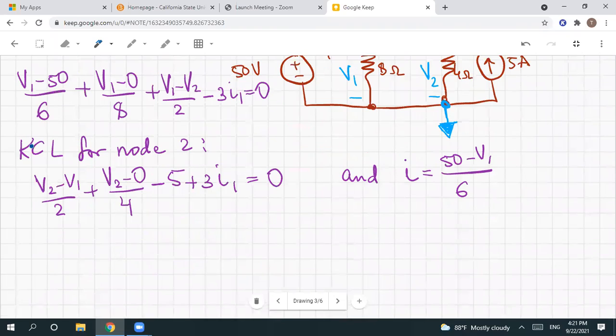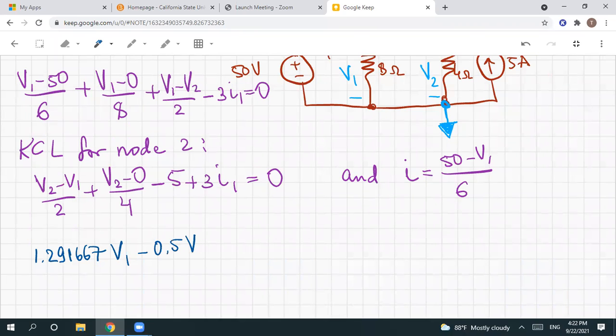If I add all these components for V1, it will be 1.29167 V1. And now for V2, I will do negative 1 over 2. This is the only component for V2, so it will be negative 0.5 V2.